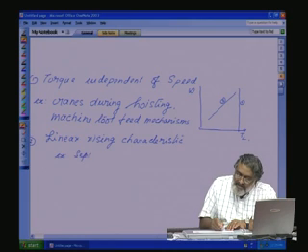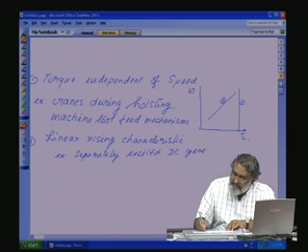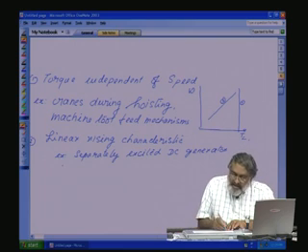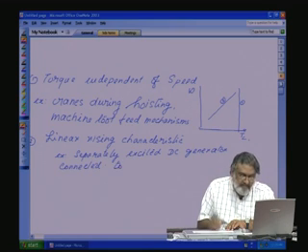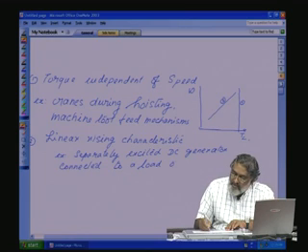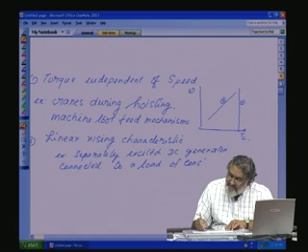A separately excited DC generator connected to a load of constant ohmic resistance.